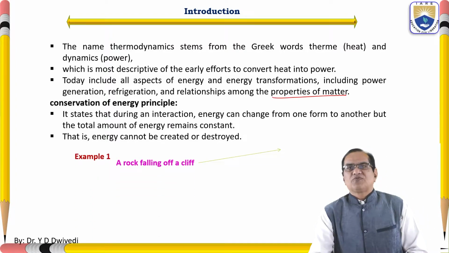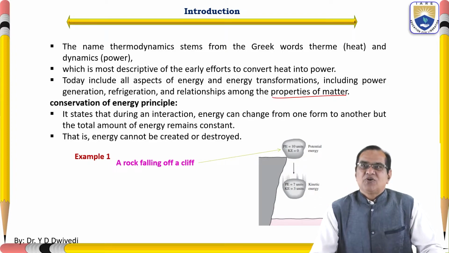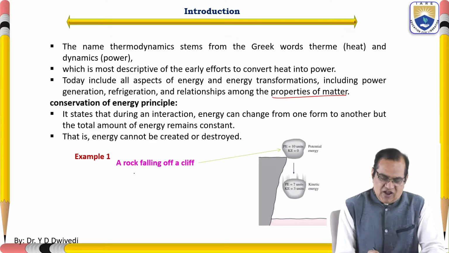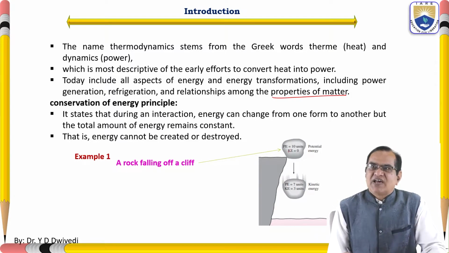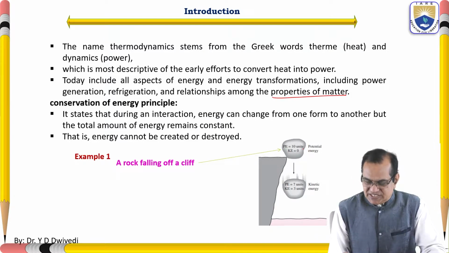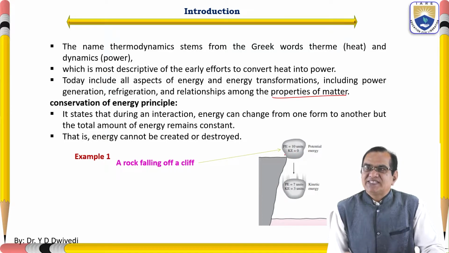Here I am showing how energy conversion can take place. You can see here a rock falling off a cliff. In this rock we have the potential energy, 10 units, and it is stable and kept here, and the kinetic energy is 0.